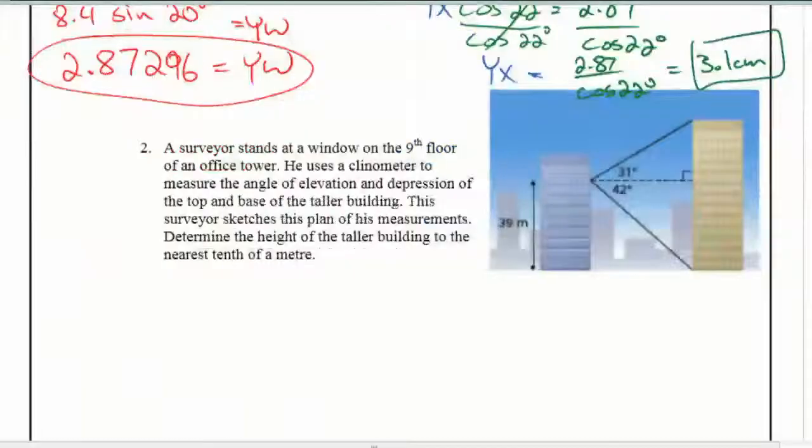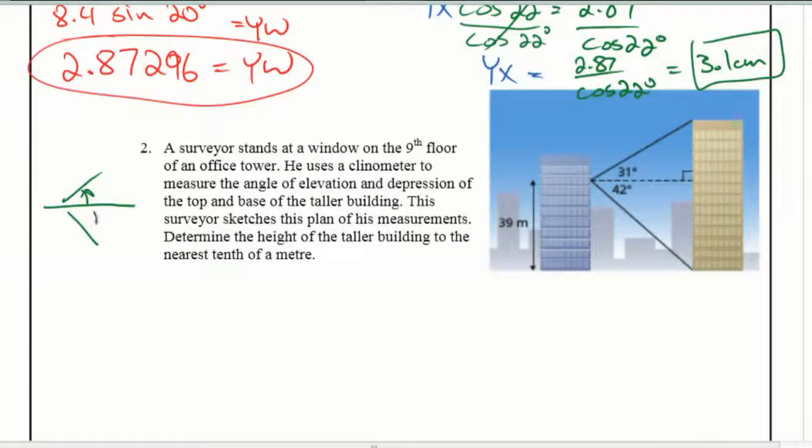A surveyor stands on the window of the 9th floor of an office tower. A clinometer is a tool used to measure angles. So you can stand somewhere and look at something and it tells you the angle. So a clinometer measures the angle of elevation and depression. Angle of elevation is if you have a horizontal surface, you go up, that's the angle of elevation.